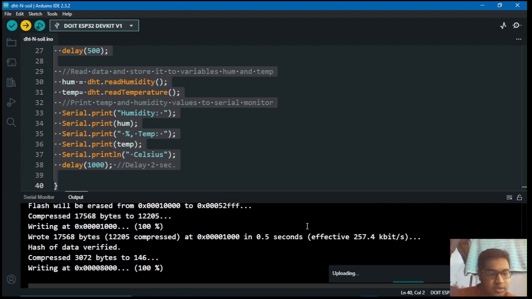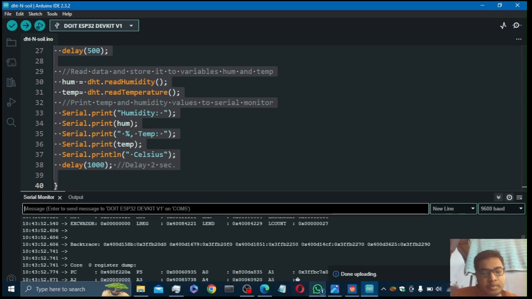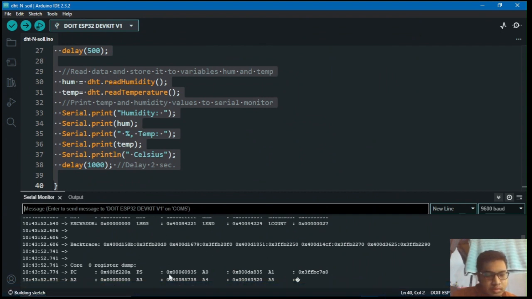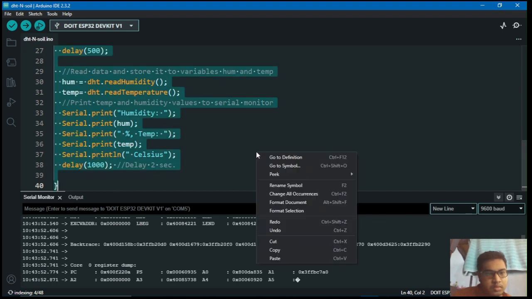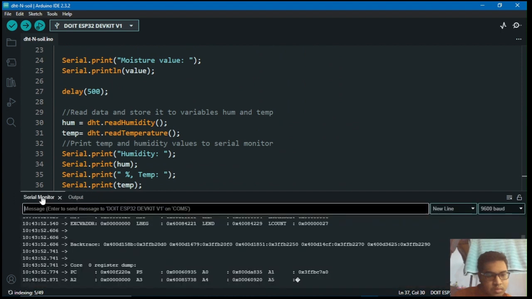Okay, it's connecting. It's reading it, writing it. I think okay with it. I think I broke it.